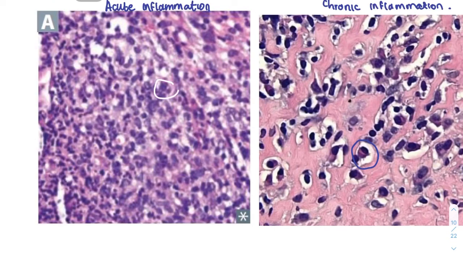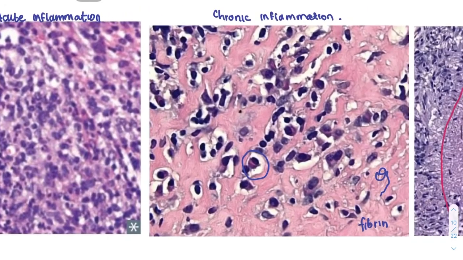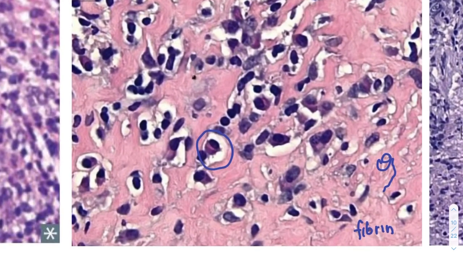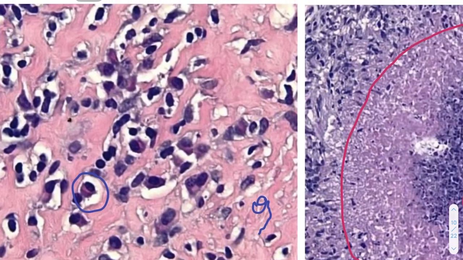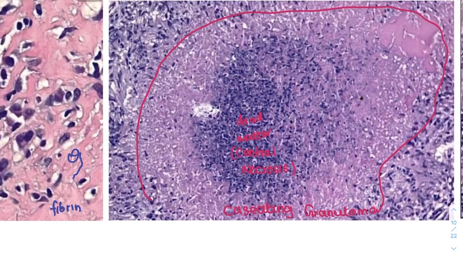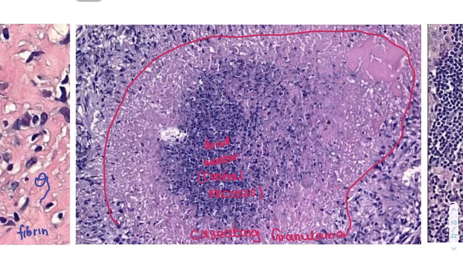The difference between acute inflammation and chronic inflammation can be seen here. These cells are all neutrophils, while in chronic inflammation, these are lymphocytes, these are macrophages. You can see the single nucleus in those.